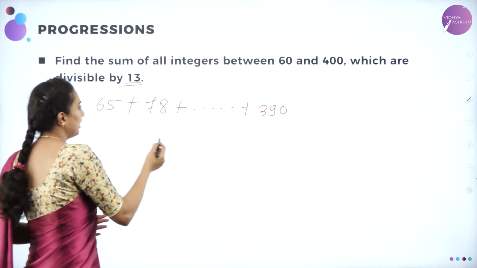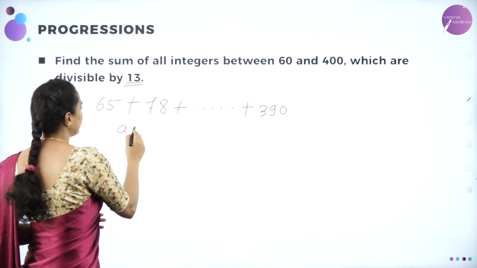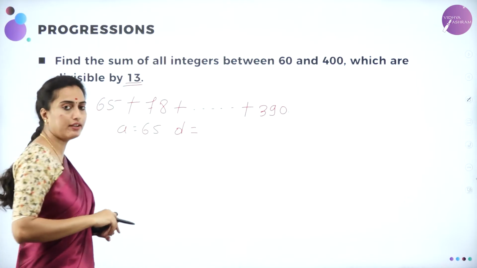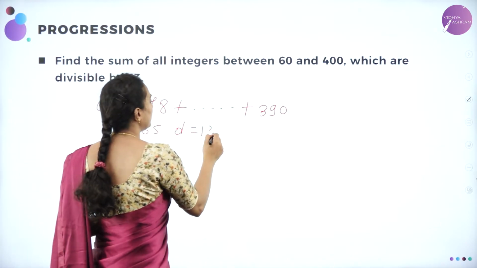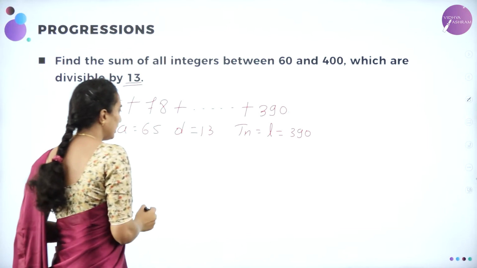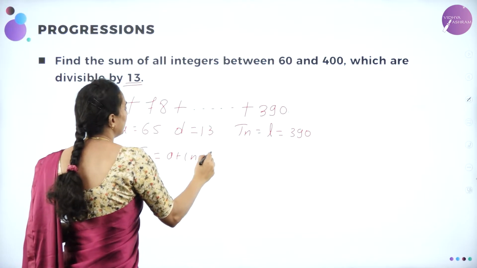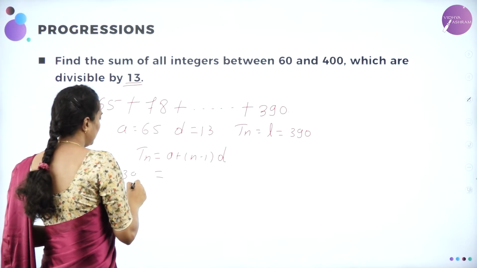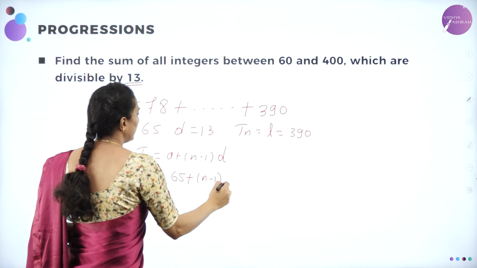So therefore I can have the sum to n terms. Here A is equal to 65 and D is equal to 78 minus 65, which is nothing but 13, and Tn or L is equal to 390. Now let me find out the n here. Tn is equal to A plus n minus 1 into D, so Tn is 390, A is 65, plus n minus 1 into D is 13.